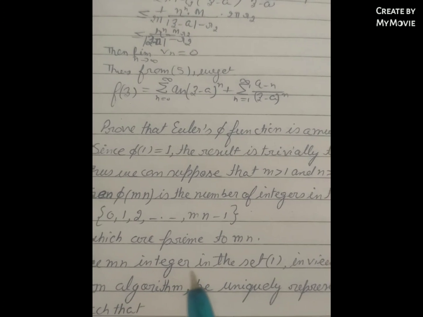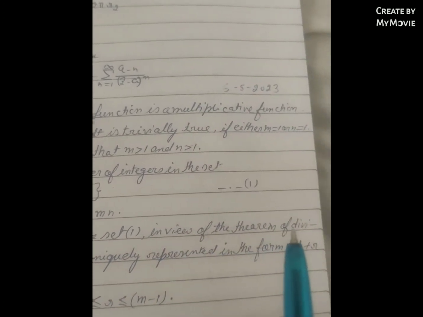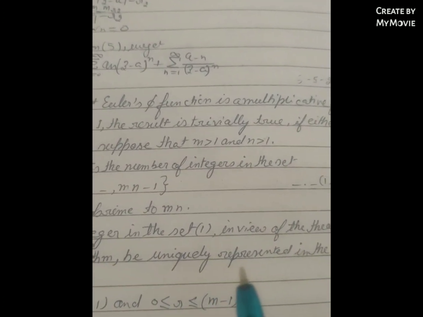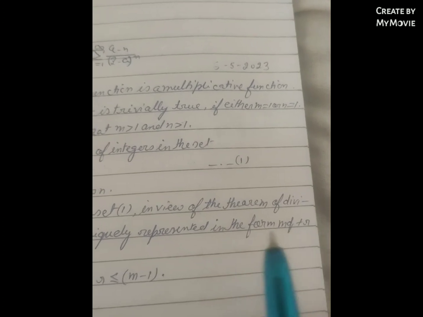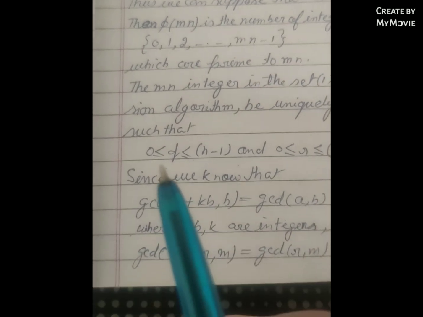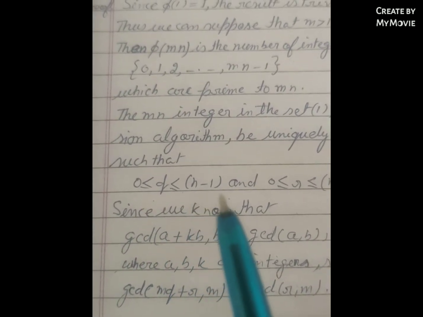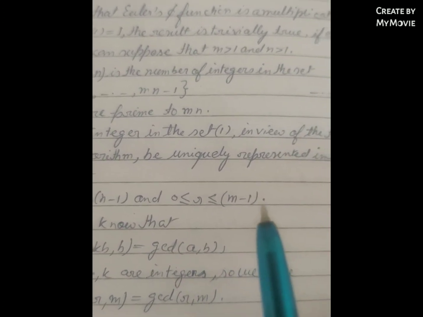The mn integers in the set, in view of the division algorithm theorem, can be uniquely represented in the form mq plus r, such that 0 is less than or equal to q is less than or equal to n minus 1, and 0 is less than or equal to r is less than or equal to m minus 1.